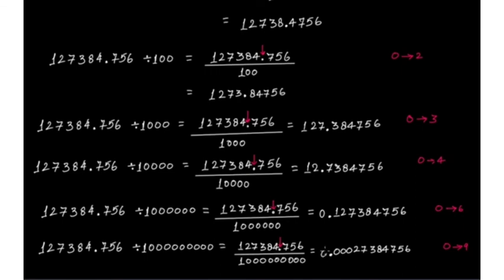So this will be your answer. Again, you have to move to the left 9 times, that is, you have to count 9 digits. But in this case, we have only 6 digits. To compensate for that, you simply put as many zeros as are left. So 6 digits here, you have to put 3 zeros. So now this is 0.00027384756.